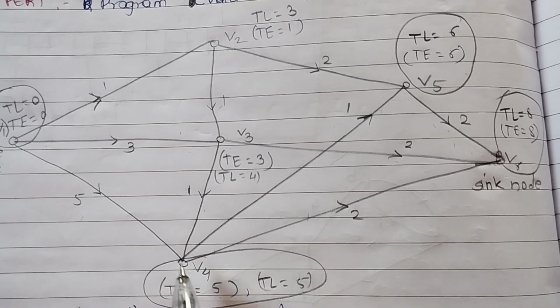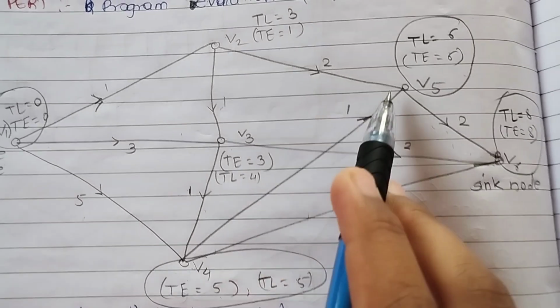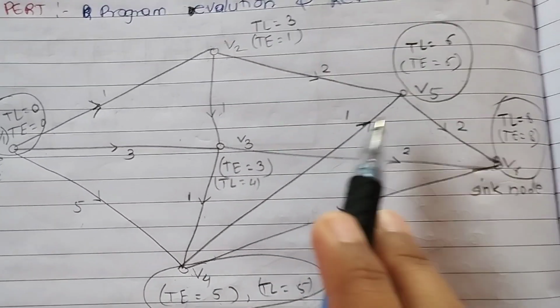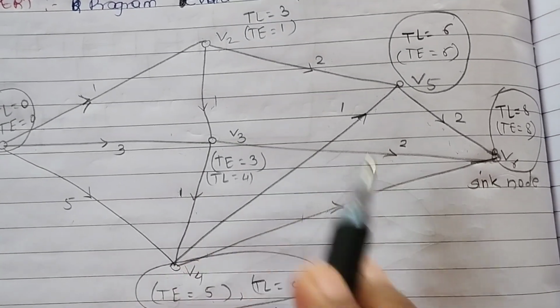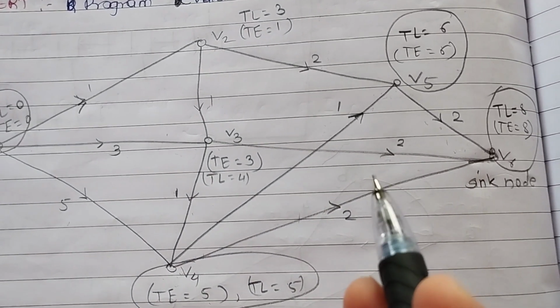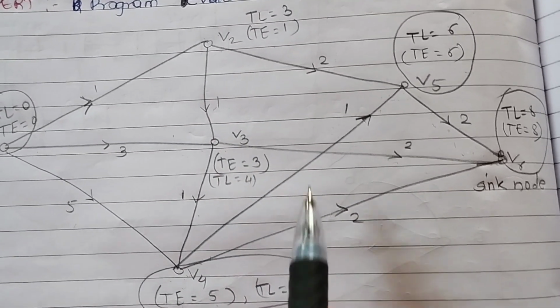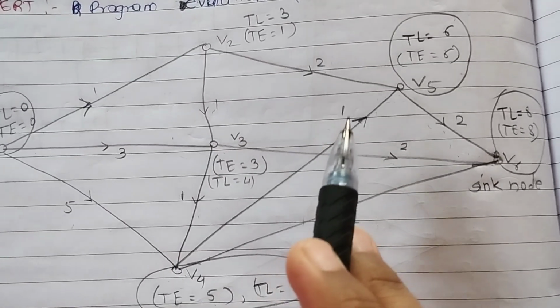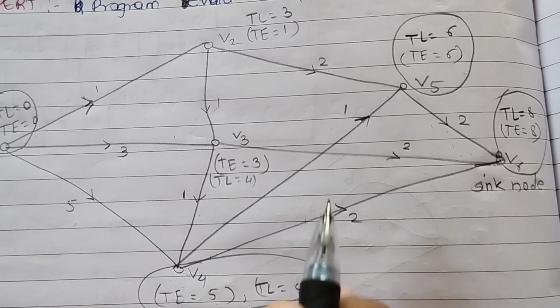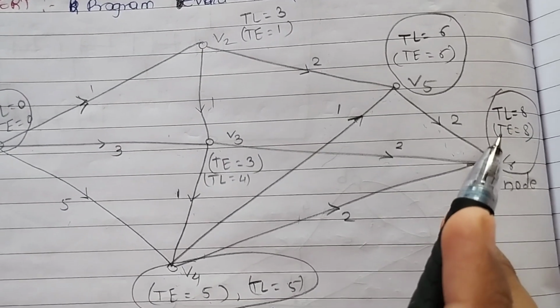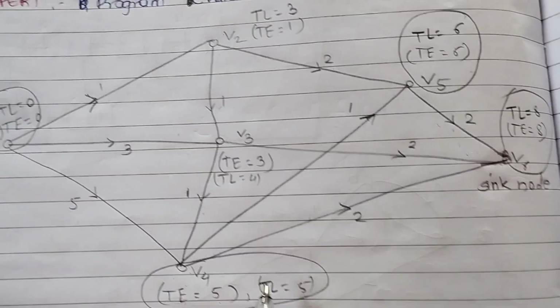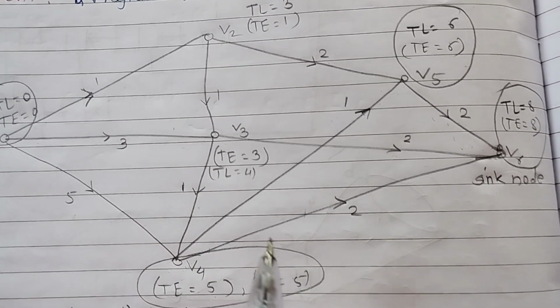Second, go from V4 to V5, V5 to V6, the count is 3. No other possible way in this diagram. The maximum count of path is 3, so subtract 3 from T of the sink node, which is 8. So 8 minus 3 is 5. So TL of V4 is 5.